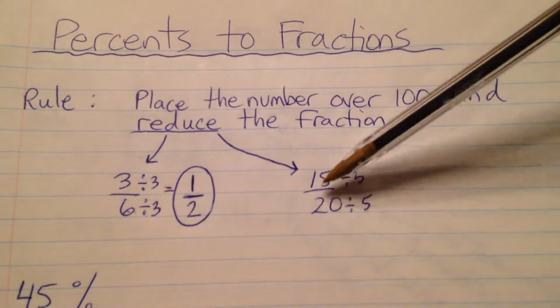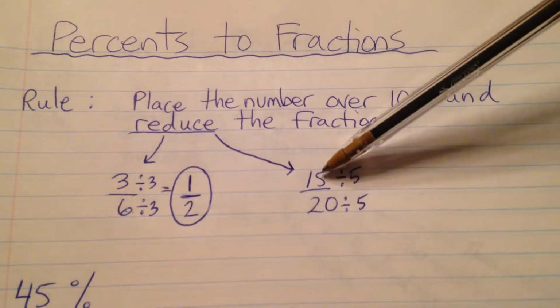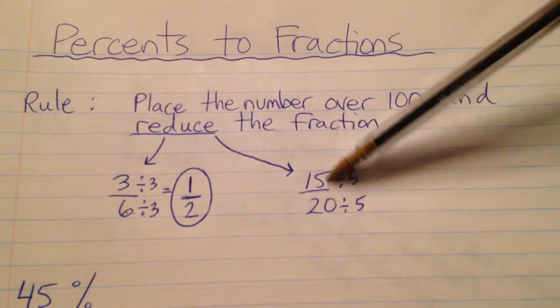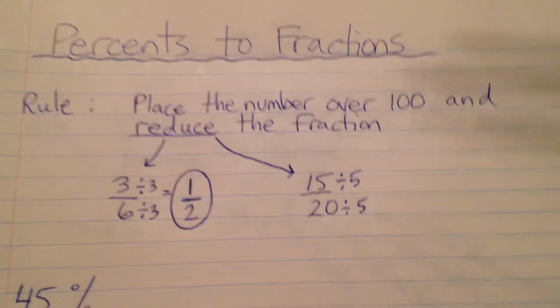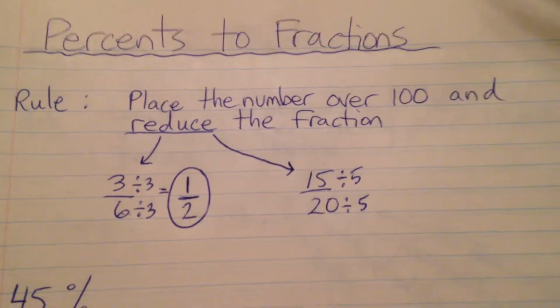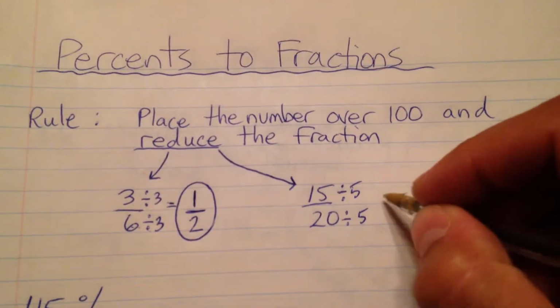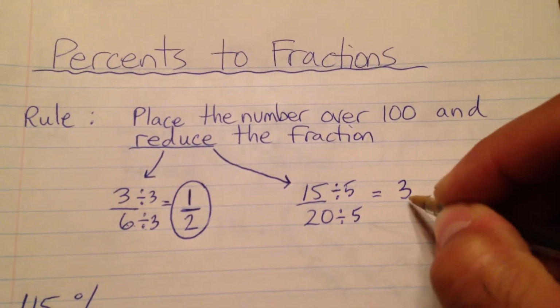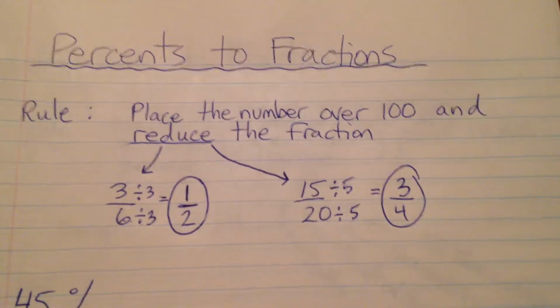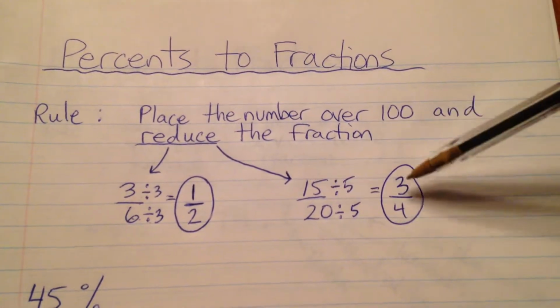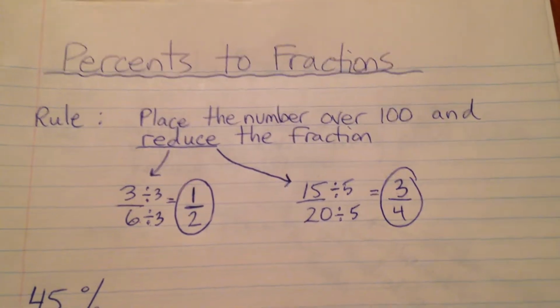What I say to students is, anytime you see numbers that end in 5 and 0, those two numbers will divide by 5 simply because they end in 5 and 0. So 15 divided by 5 is 3, and 20 divided by 5 is 4. So 15 out of 20 is equal to 3/4, but 3/4 is reduced.